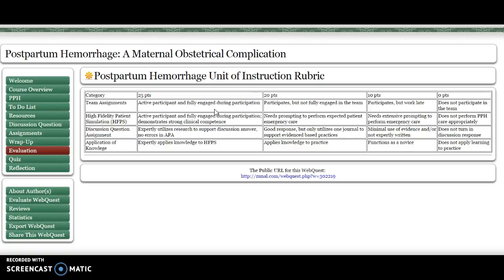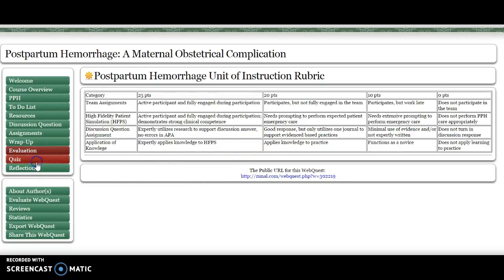Given the opportunities to switch, these students might find themselves more talkative. As instructors, we can rotate those leadership positions during the scenarios. Active participation in the simulation, development of their discussion question, and the appropriate application of knowledge. So I thought that the rubric was very good.